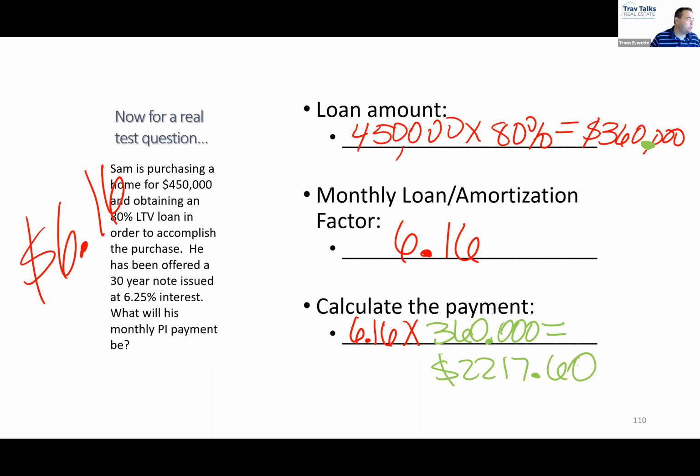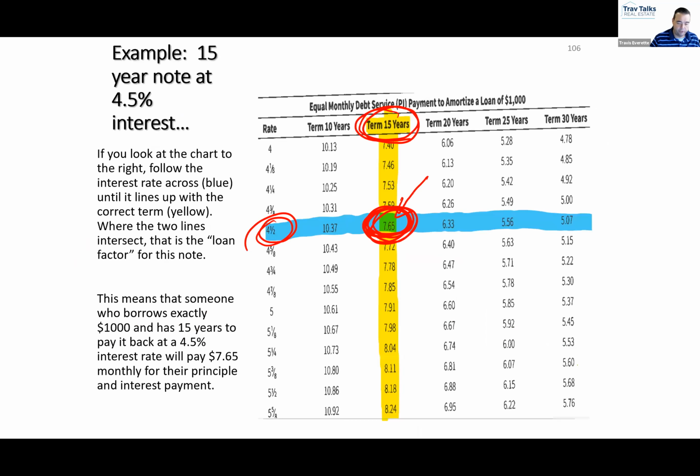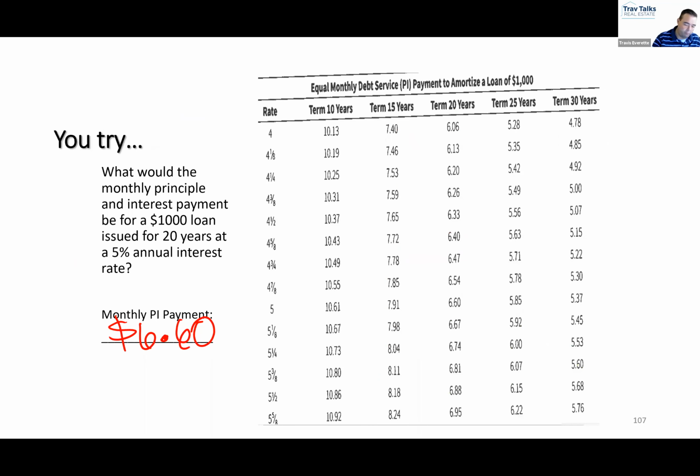I'm going to go back and just put the chart on the screen for just a second. And I'm going to add to this question because I want you to do one completely by yourself. You can still use the 5% interest here at 20 years.